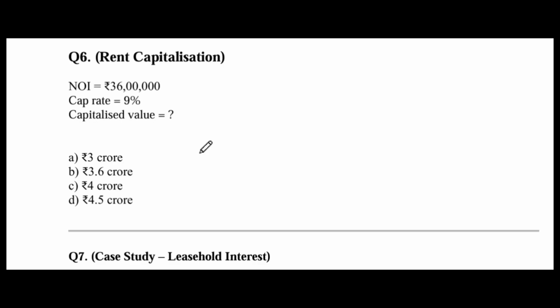Sixth one, 36 lakh rupees is NOI. Capitalization rate is 9%. What is the capitalized value? The PV of the property will be net operating income divided by the cap rate.